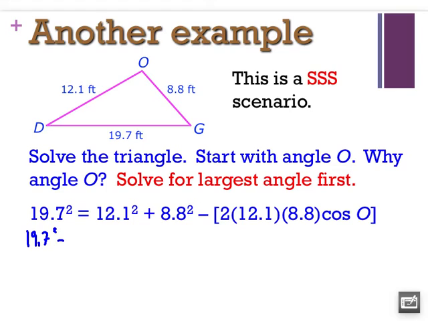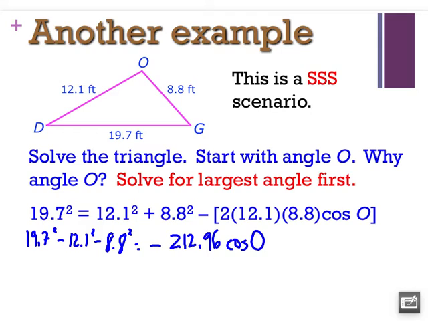19.7 squared minus 12.1 squared minus 8.8 squared is equal to the opposite of, okay, this I'll multiply out. Can somebody tell me what 2 times 12.1 times 8.8 is? 212.96. 212.96 cosine of angle O. Good.